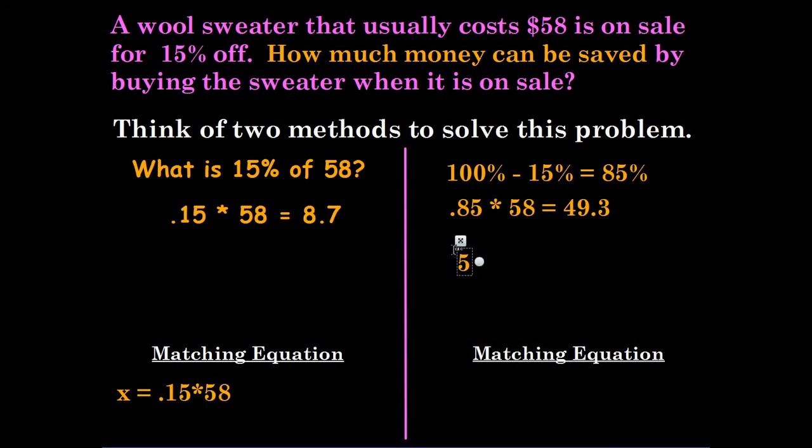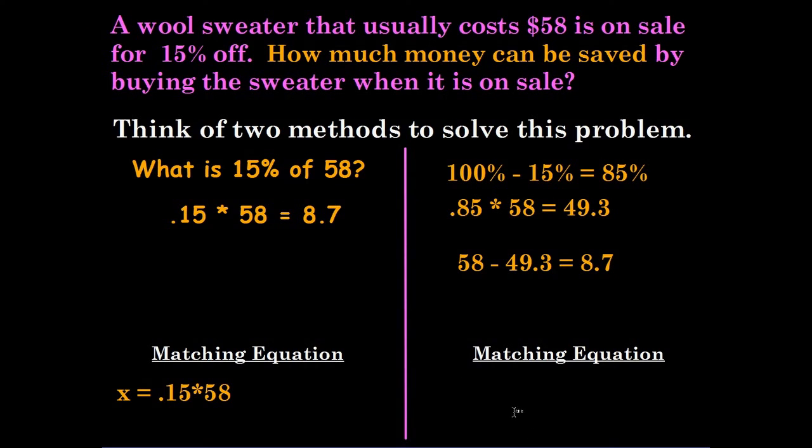And then you said, okay, well, the sweater originally cost $58, but I bought it for $49 and 3/10. So the difference, remember subtraction is the difference, will be the amount that I saved, and that is $8.70.